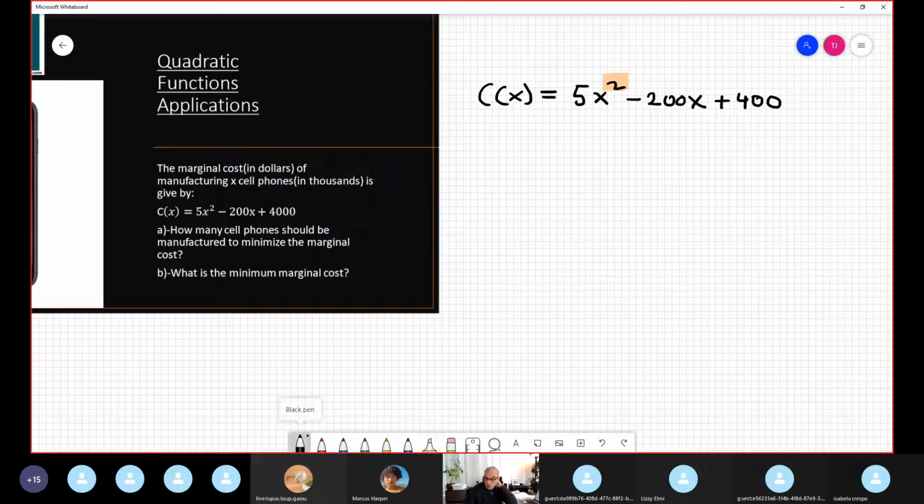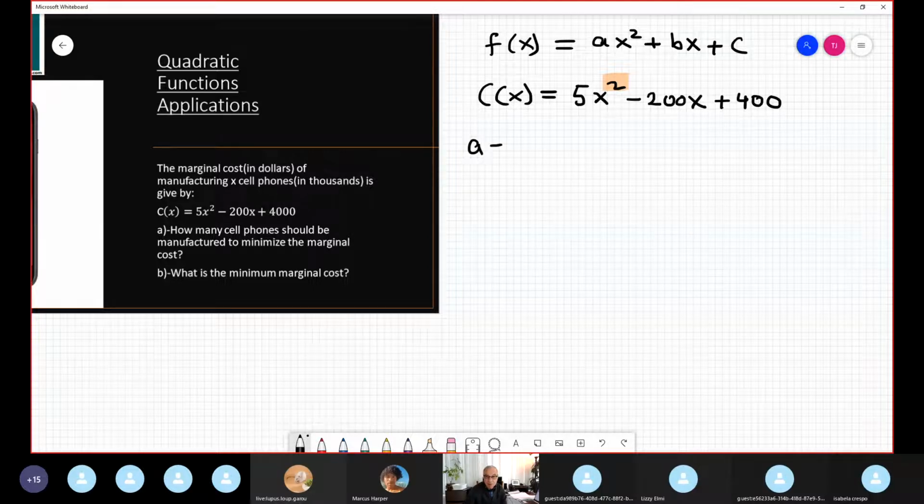And this is expressed in standard form, no? In standard form, f of x is equal to ax squared plus bx plus c. So a is 5, b is negative 200, and c is 4,000.